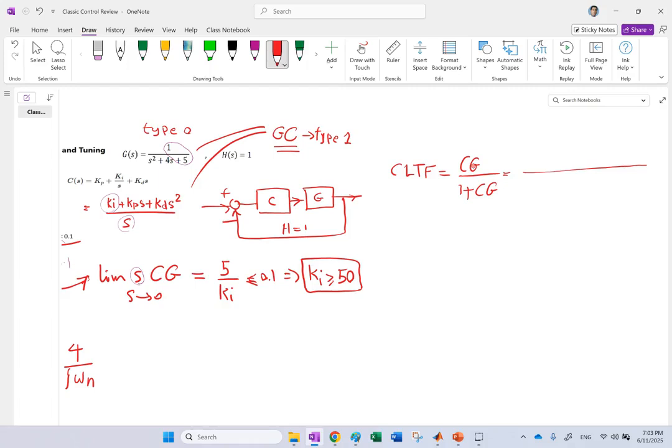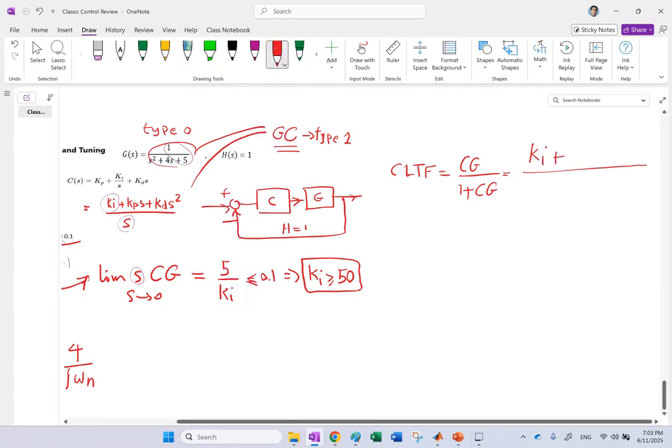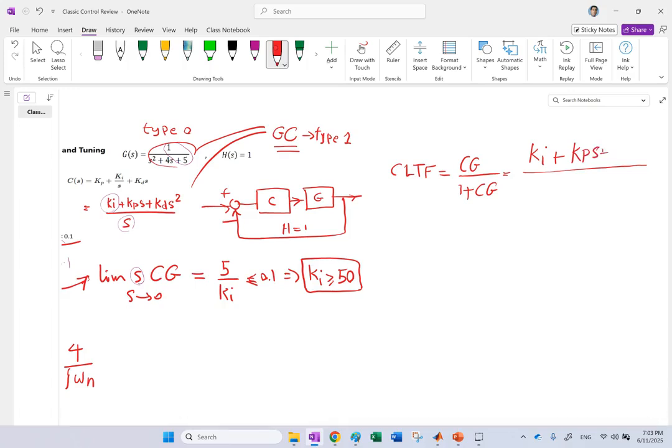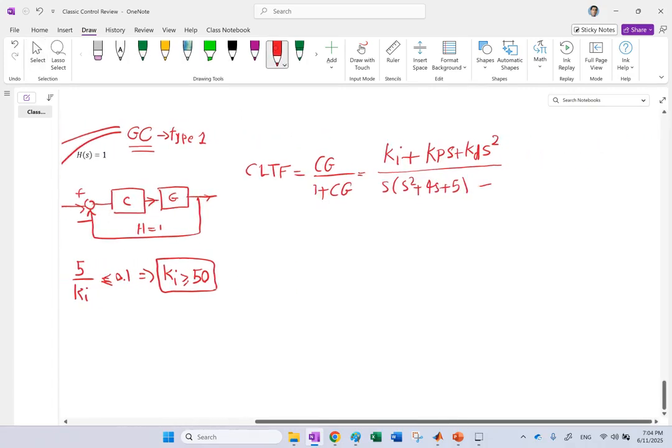By the way, speaking of which, this closed loop transfer function, if I plug this G and this C and simplify, it is going to be basically this numerator of, let me see, that should be Ki plus Kps plus Kds squared, divided by the product of the denominators plus the product of numerators, which is basically all of that guy that you can see right now in the numerator.